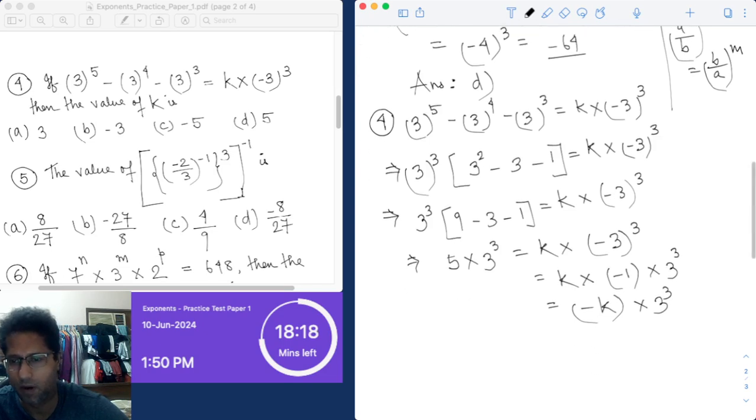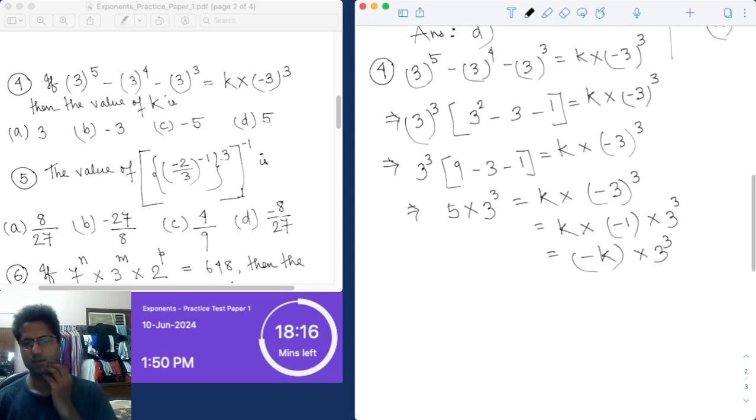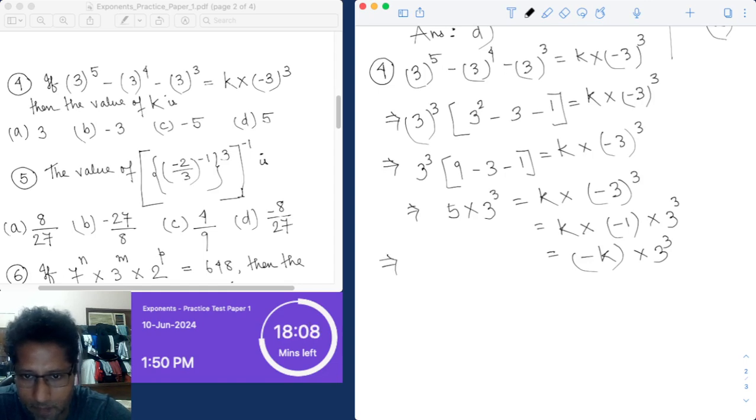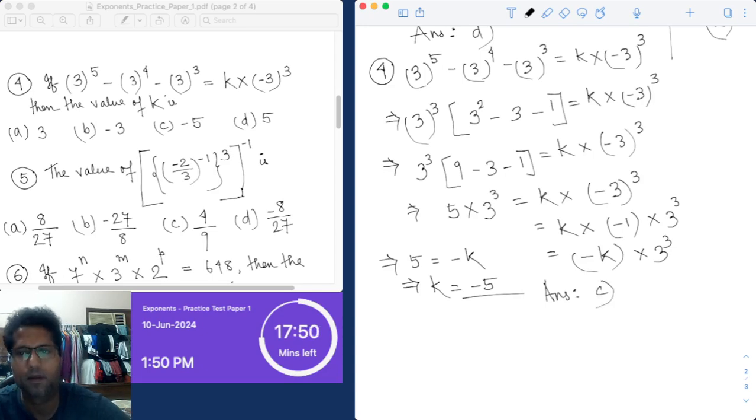And now I will equate, since 5 multiplied by 3 cube equals -k multiplied by 3 cube, from here I can clearly say that 5 equals -k, or this implies k equals -5. So k is -5, and the answer is choice C. Okay.